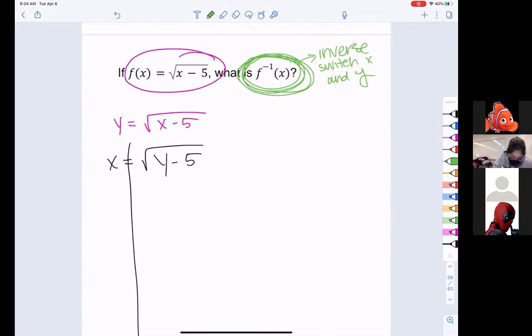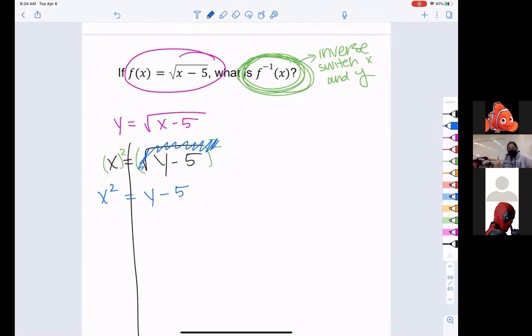So you want to square this side, and I only square one side, right? No, both sides. Very good. Anything you do to one side, you have to do to the other. Very well said, Jordan. So we square this side. This side right here goes away. This side stays the same. So you have x squared equals y minus 5.